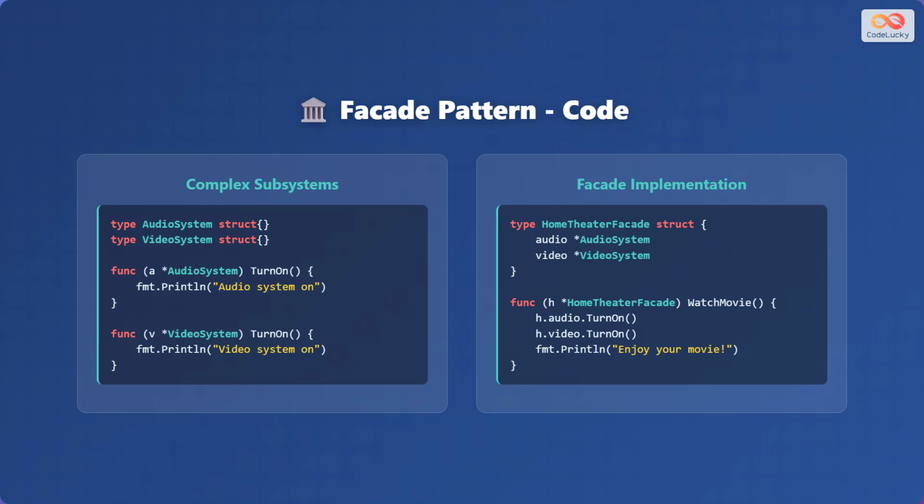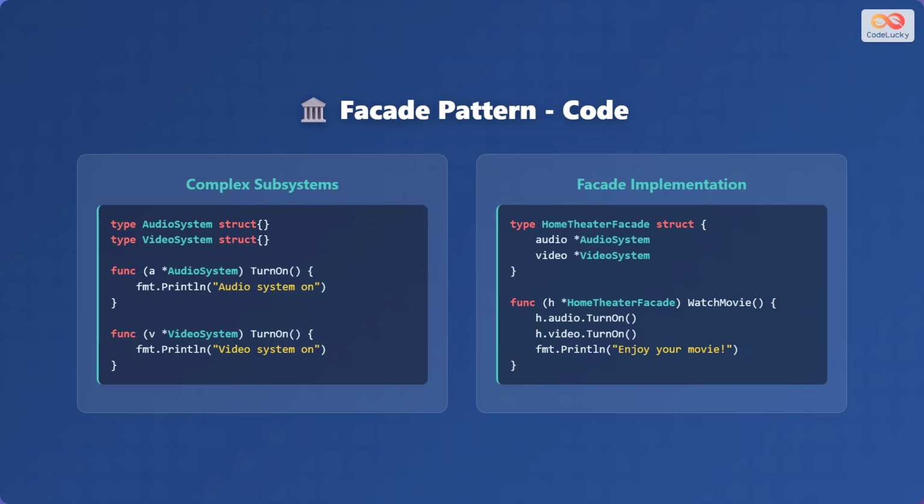The facade implementation creates a unified interface through the home theater facade struct, which contains references to both the audio and video systems. The key method is watch movie, which orchestrates the entire process behind a single, simple interface. When a client calls watch movie, the facade internally handles turning on the audio system, activating the video system, and providing a friendly message to the user.